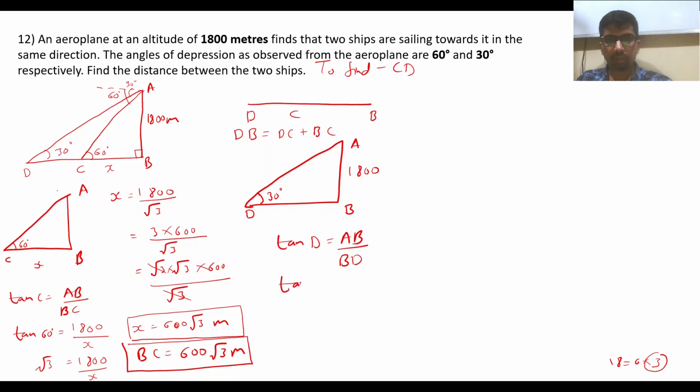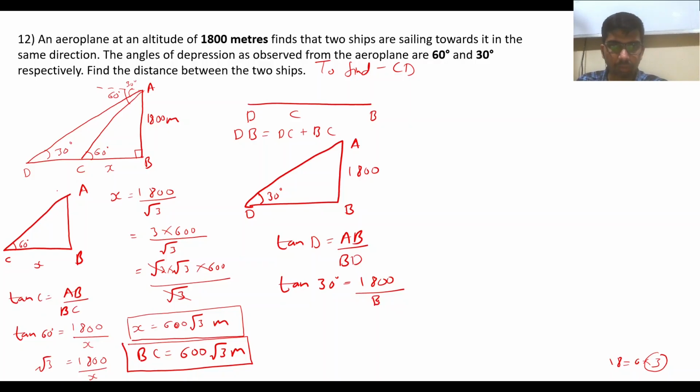So tan 30. AB is 1800 and BD. BD कैसे बनाए? DC plus BC. Or I'll just write it later. We'll simplify first. Not too hard. Simplify करते हैं अभी.